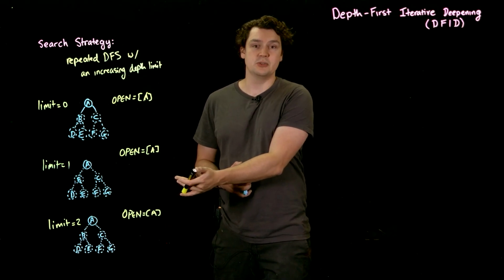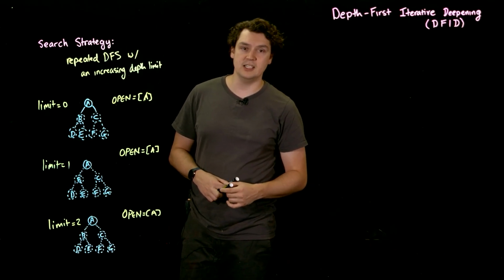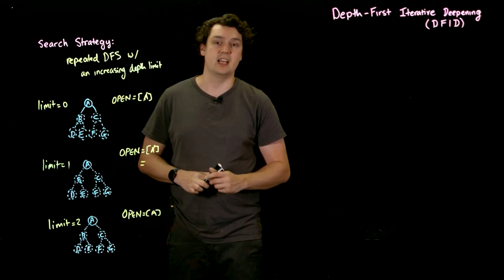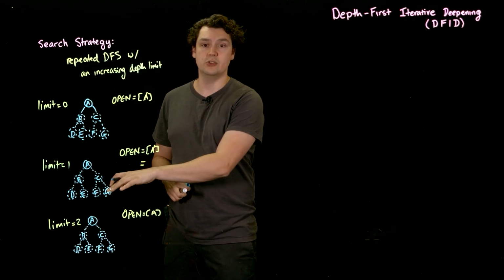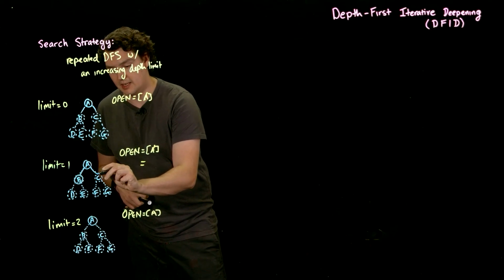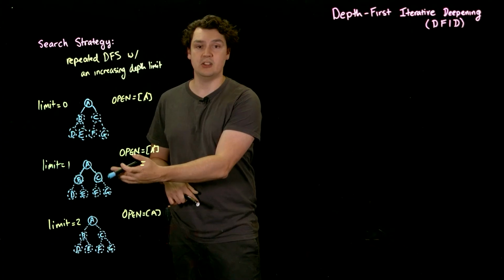Let's move on then to iteration 1, where we have a larger limit. In this case, we do expand A, but we're going to find new children this time. We're generating B and C, and both have a depth of 1, which is within our limit this time.